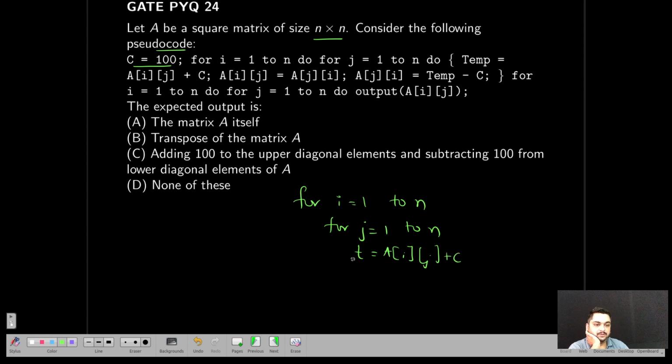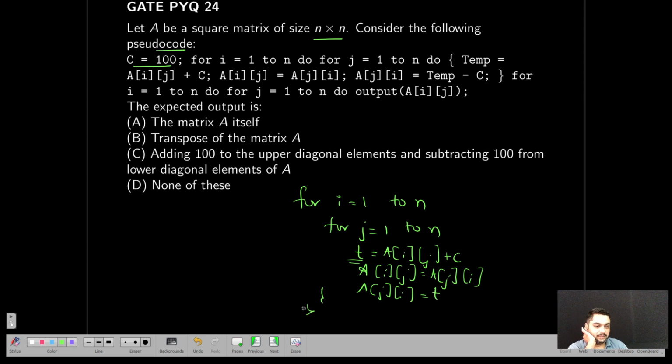Okay, c equal to 100. Then inside this only they are doing swapping here, A of ij equal to A of ji. Then A of ji is equal to this temp minus c.